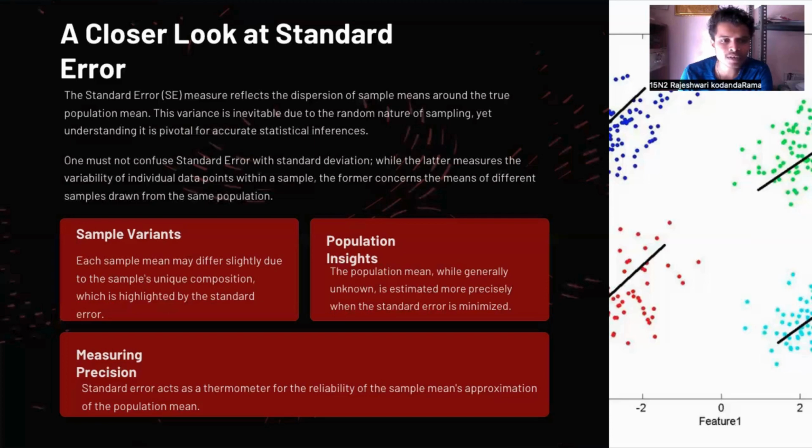Each sample mean may differ slightly due to the sample's unique composition, which is highlighted by the standard error. The population mean, while generally unknown, is estimated more precisely when the standard error is minimized. So standard error acts as a thermometer for the reliability of the sample mean's approximation of the population mean.